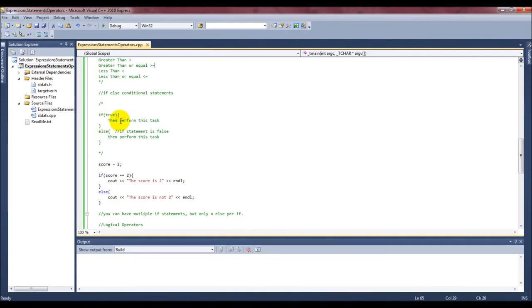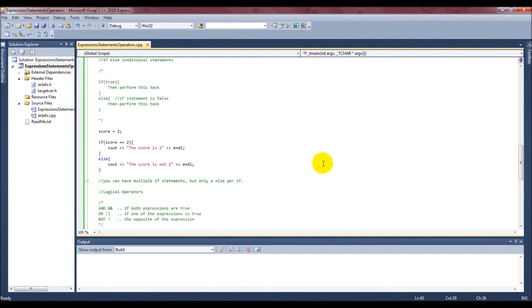Whatever's in between these brackets will be performed if the evaluation up here is true. Else, if the statement is false up here, then this body of code will be performed. Okay, so if true, perform this. If false, then perform down here in the else statement.